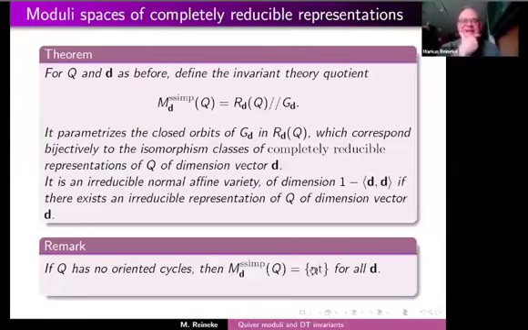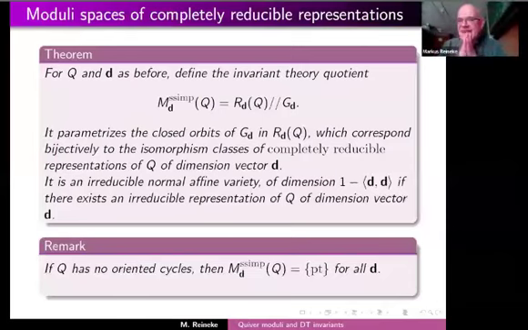The reason is that in this case there is a dilation action on the vector space, which is compatible with this adjoint action. And so the only closed orbit is the zero representation. This is the case if Q has no oriented cycles.